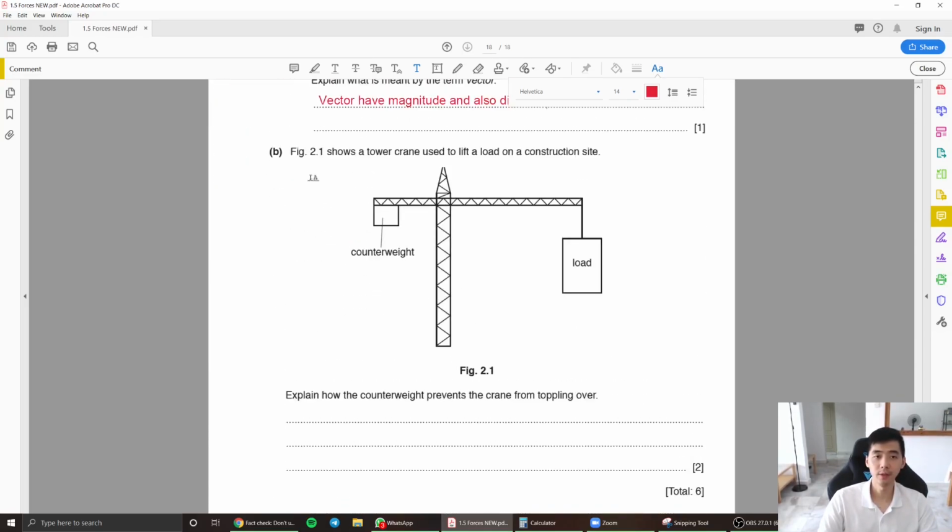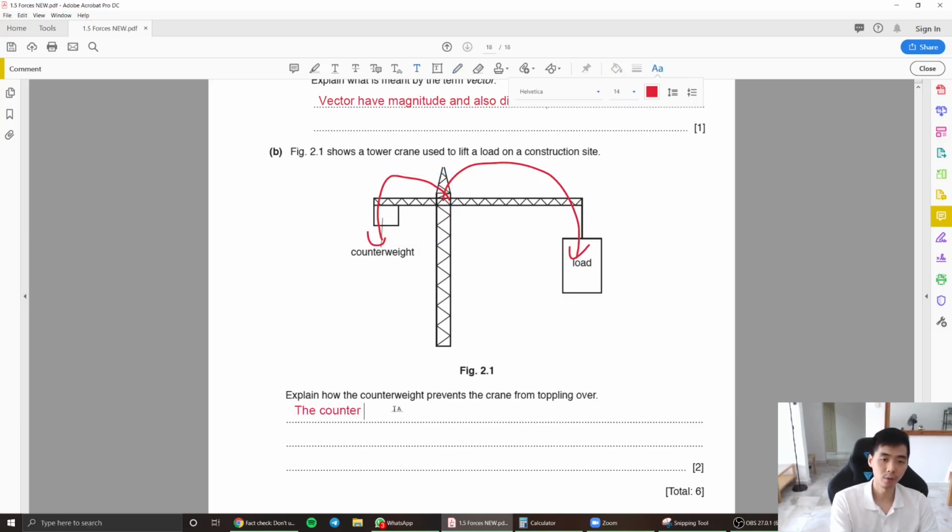And finally, figure 2.1 shows a tower crane used to lift a load on a construction site. Explain how the counterweight prevents the crane from toppling over. This counterweight is basically producing an anti-clockwise moment which balances this clockwise moment here, right?